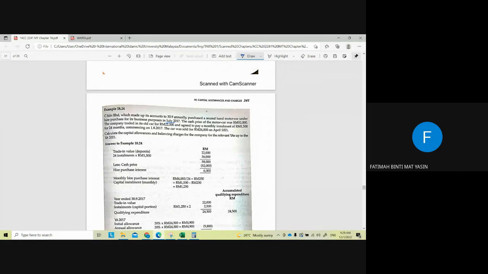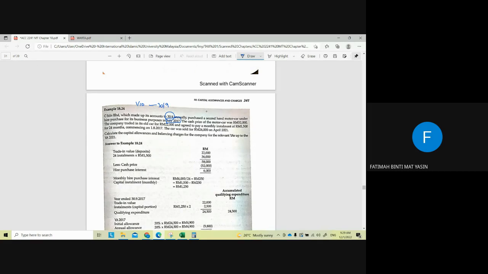So now they acquired it in July 2017. They made up their accounts to 30th September, so their financial year should be 1st October until 30th September every year. The company purchased this second-hand motor car in July 2017.